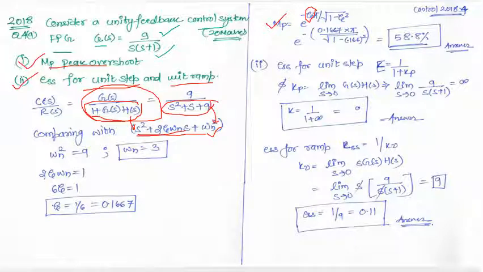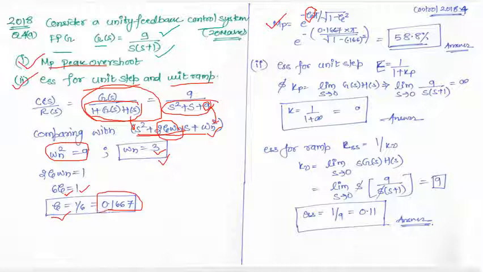You can easily find that omega n square is 9, which means omega n is 3, and 2 zeta omega n is 1. Omega n you already got as 3, so 6 zeta is 1. That means zeta is 1 upon 6, that is 0.1667.